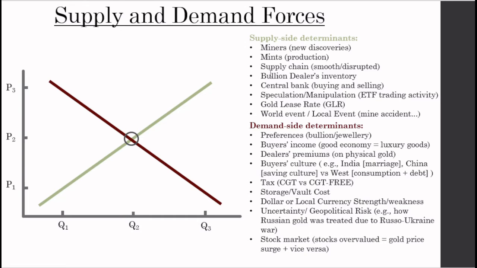Then I've got bullion inventory. So what I mean by that is there might not be a shortage in the gold market, looking at the gold market in its totality, but there might be a shortage within the bullion dealers themselves, because perhaps the mints produce less gold coins and bars, or just the dealers are not getting enough customers, things like that.